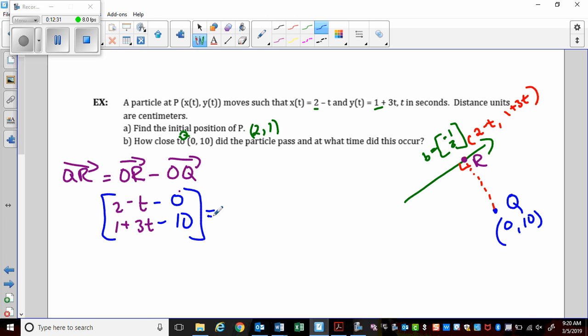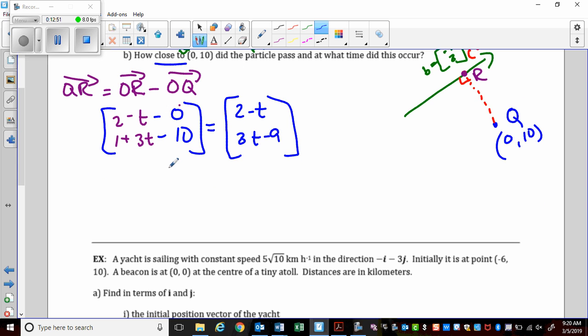This gives us 2 minus t. And we're going to combine these like terms, 3t minus 9. I would like the t's to be second, but we can fix that. Okay. Now we need to know the closest point is when the dot product equals 0.